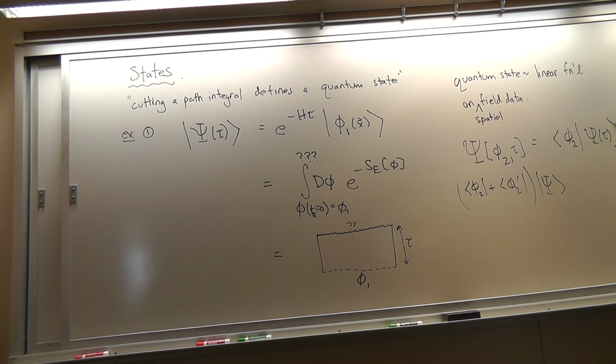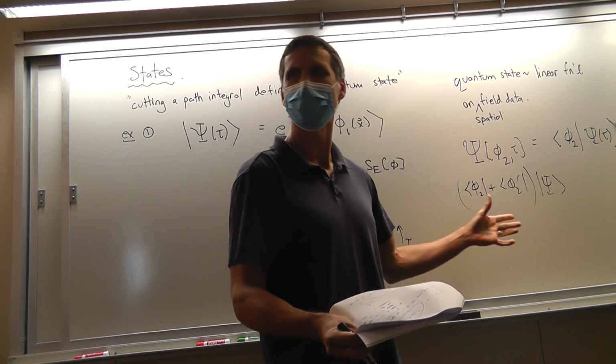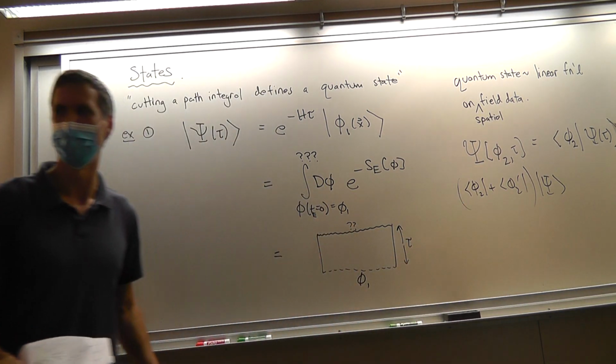And physical states are vectors in Hilbert space, and we need to be able to talk about superpositions of those states to be able to do quantum mechanics. Yeah, exactly. It's just that the path integral is most suited for a particular basis, but then we need to be able to talk about other bases as well. So I don't know what you mean by is it useful? Yes, it's useful. Superpositions are essential for doing quantum mechanics, so we have to be able to do that.